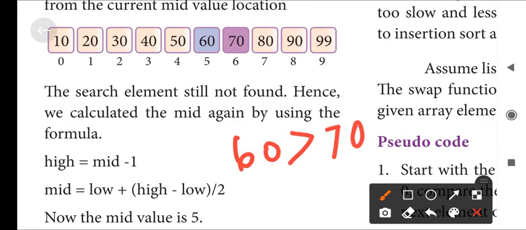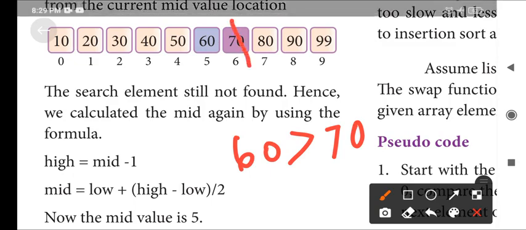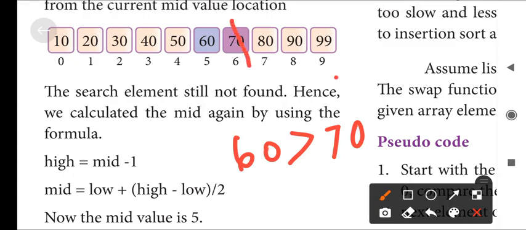Greater than symbol means we can omit the right side of the variable. The right side of the variable is what? 70. Now we can skip the value 70.